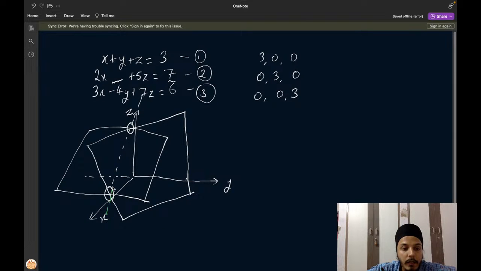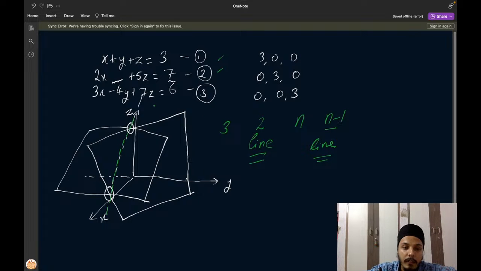So this will be a line that passes through our 2 points on the plane. The intersection of these two planes will give us a line. So in 3 dimensions, if two planes intersect each other, they will form a line. Similarly, in n dimensions, if n minus 1 dimensional objects intersect, they will form a line.